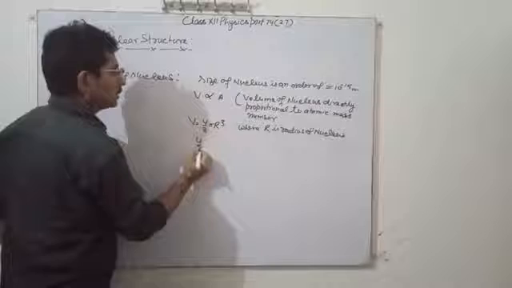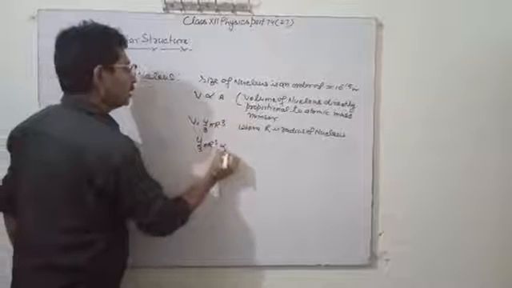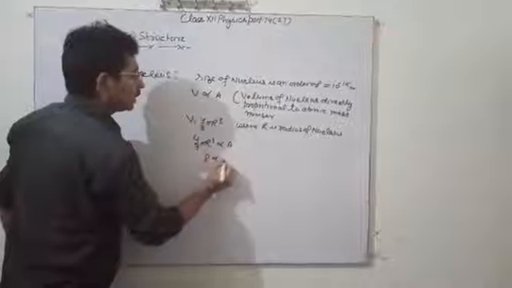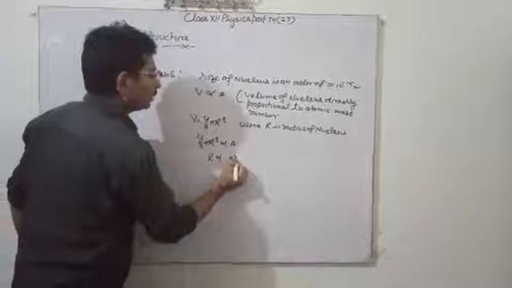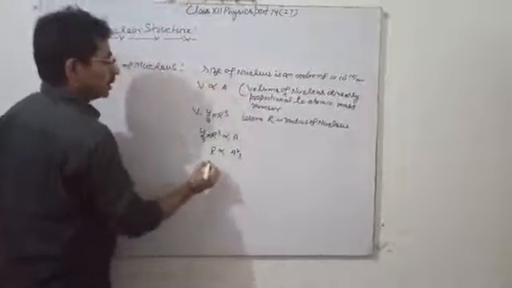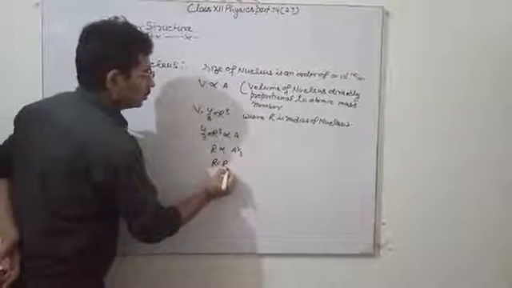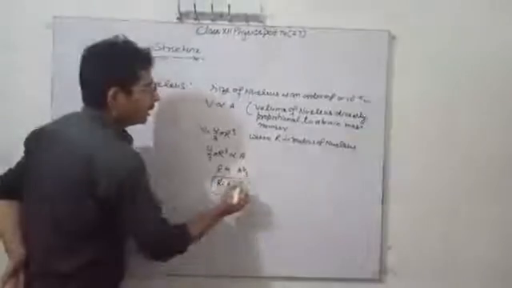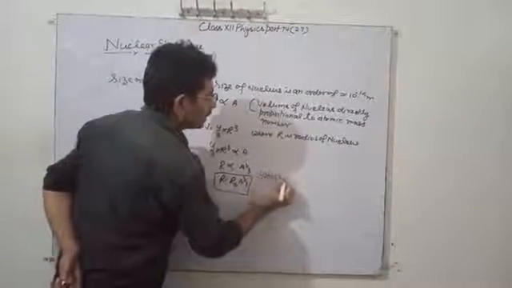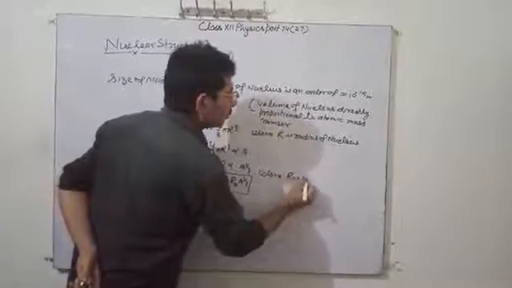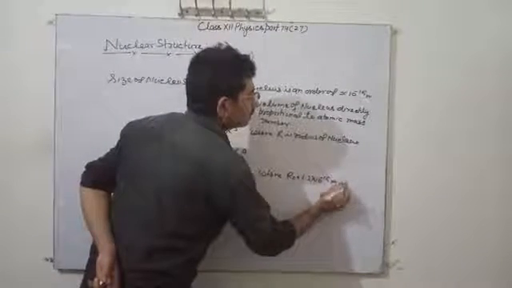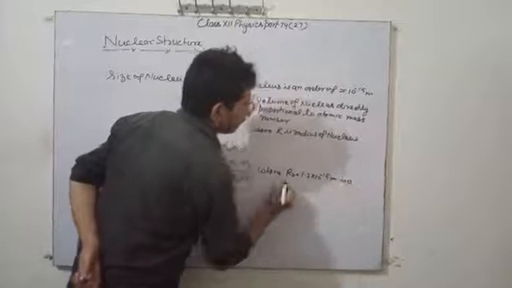Therefore, 4 by 3 pi r cube is directly proportional to A, so r is directly proportional to A power 1 by 3. You can say r equals r naught A power 1 by 3, where r naught equals 1.2 into 10 power minus 15 meter, an empirical constant.